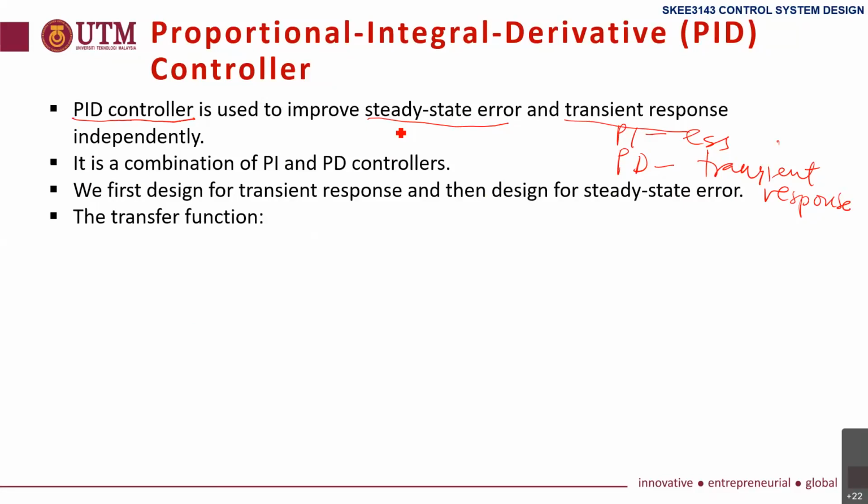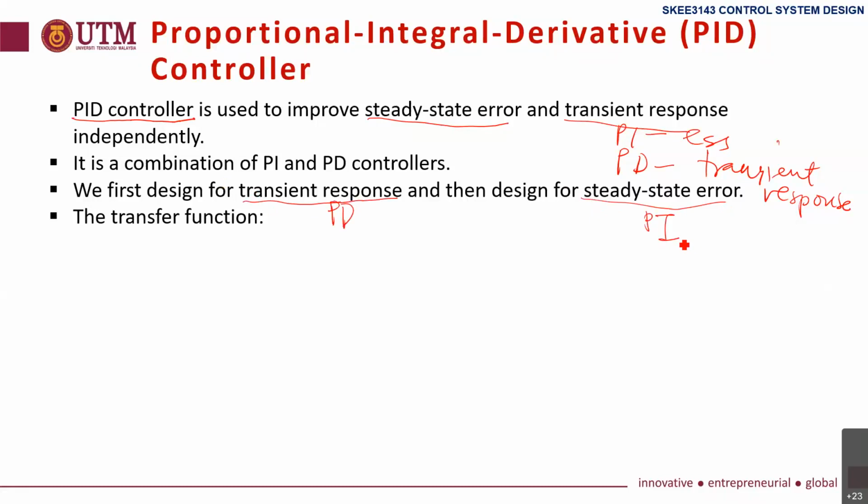It's a combination of PI and PD controller. In designing PID, we have to design one by one. First PI, then PD, or we can also design PD, then PI. Both are acceptable. In this course, we will first design for transient response. That means we start by designing PD, then we continue with designing PI.